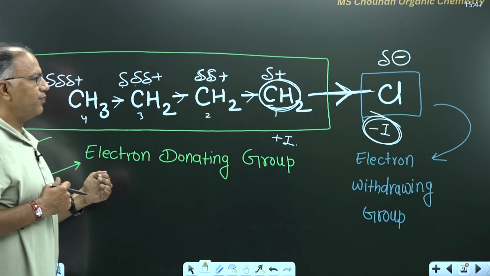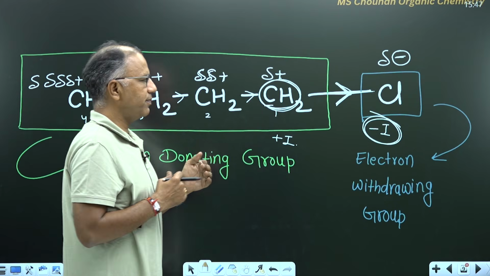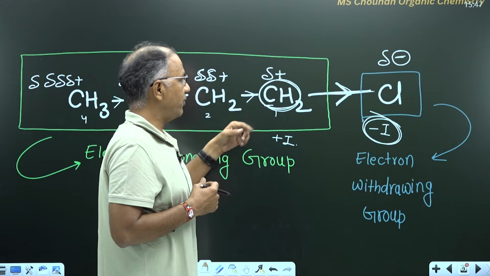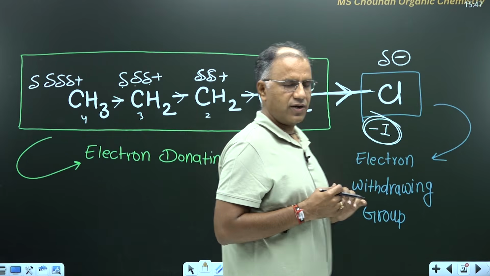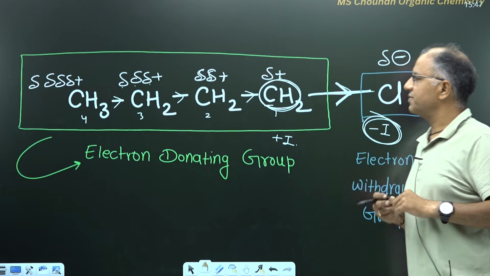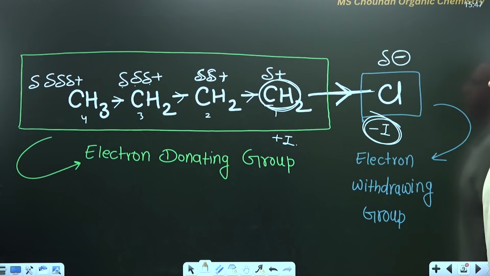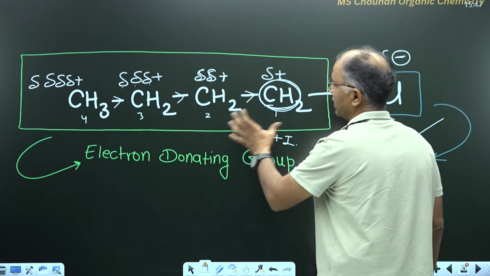If I ask you where the minus I effect is maximum operating, then our answer will be the first carbon. So first of all write down, this is inductive effect. Chlorine showing minus I effect and this butyl is showing plus I effect.